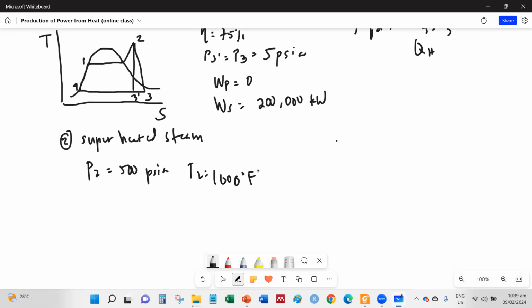From the steam table, we can read the properties of the superheated steam. Okay, so the properties, H2.